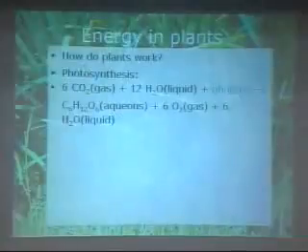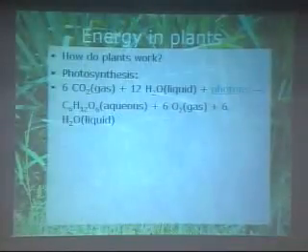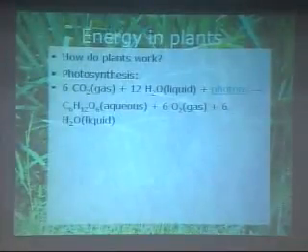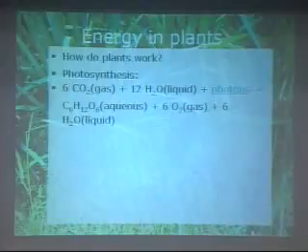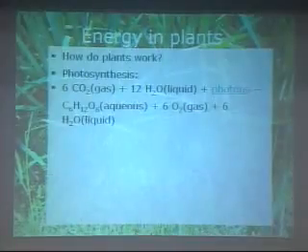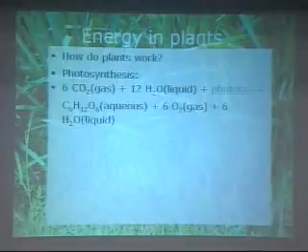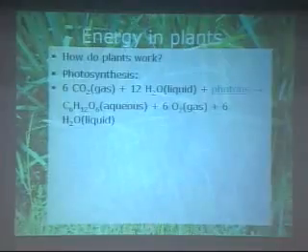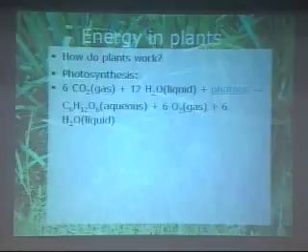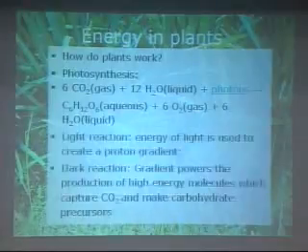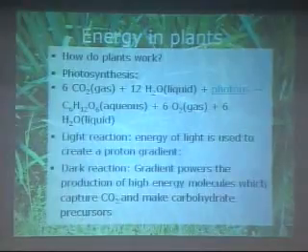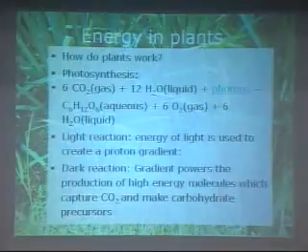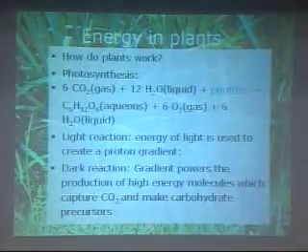Photosynthesis involves combining carbon dioxide gas together with liquid water, together with the energy contained in photons of light, to produce carbohydrate precursors that the plant can then use as an energy source. That process has got two steps, what's called the light reaction and the dark reaction.